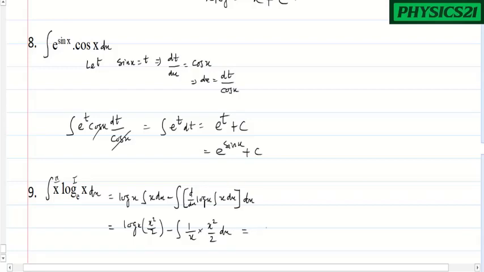So it is x square log x divided by 2 minus integration x divided by 2 dx. Now as we solve, we get x square log x divided by 2 minus x square divided by 4 plus c.